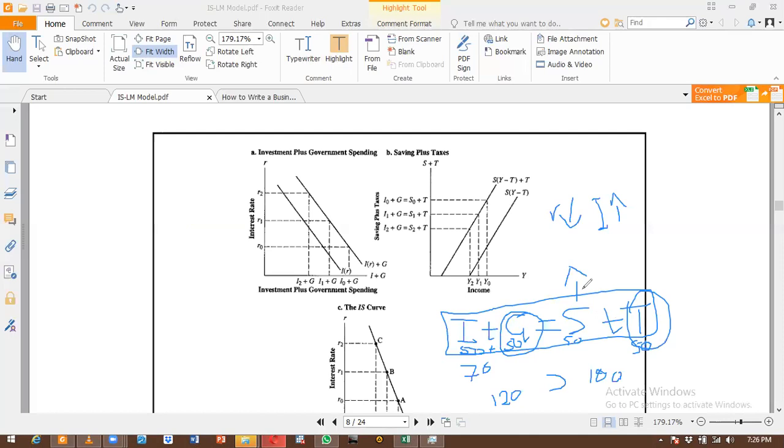We can only increase savings when there is an increase in the level of income. So to restore equilibrium, income must be increased. We need to increase the level of output so that savings will go up and restore equilibrium. So the fall in interest rates has caused an increase in Y. That's why there's an inverse relationship between interest rate and Y.